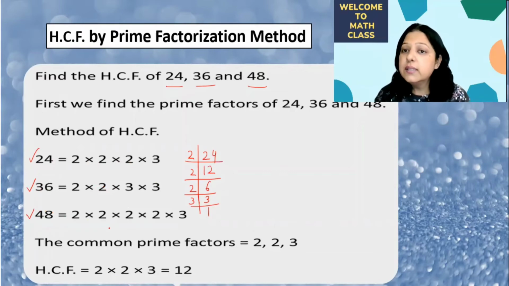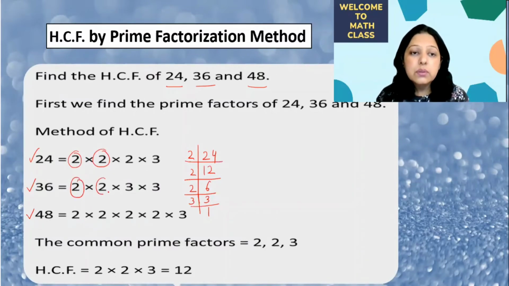So after writing the prime factors, we will check the common prime factors. Now you can see in these three numbers, the common prime factors are 2, 2. 2 times 2 is coming in 24, in 36, and in 48 also.